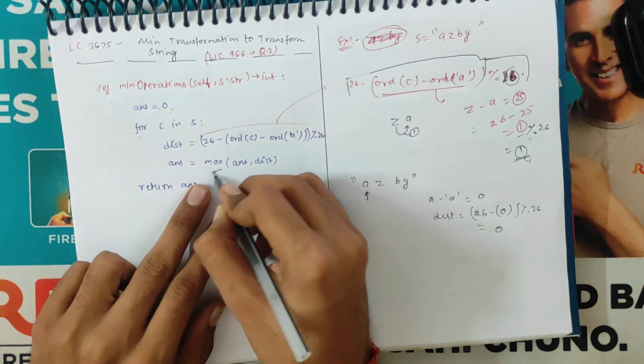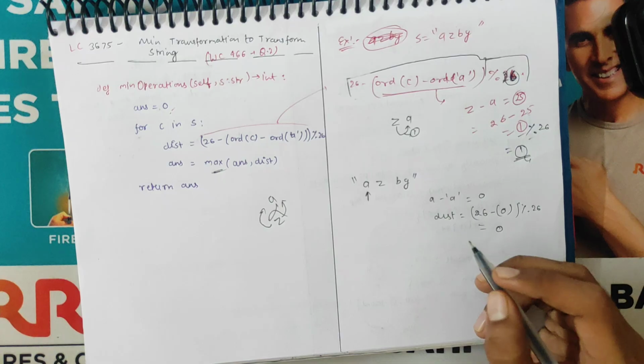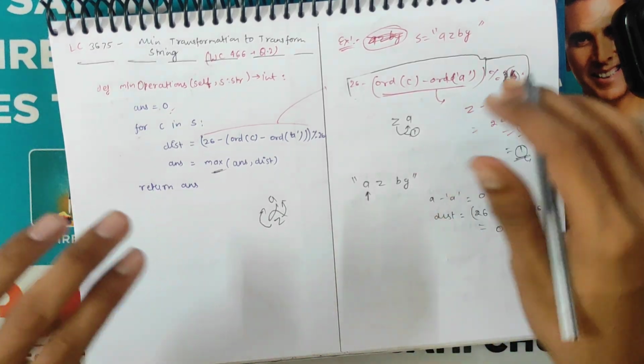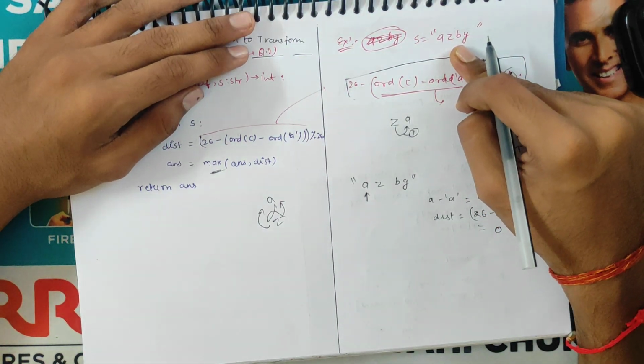And why are we using the max function? Because we have to give the transformation after calculating every single character of this string.